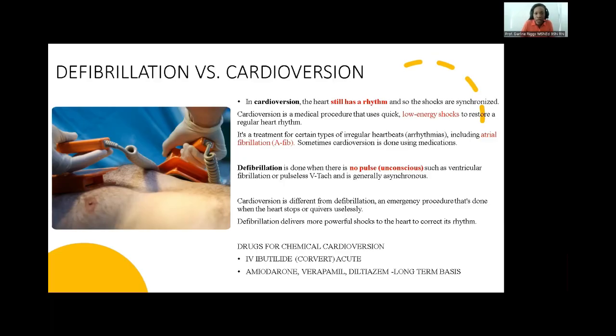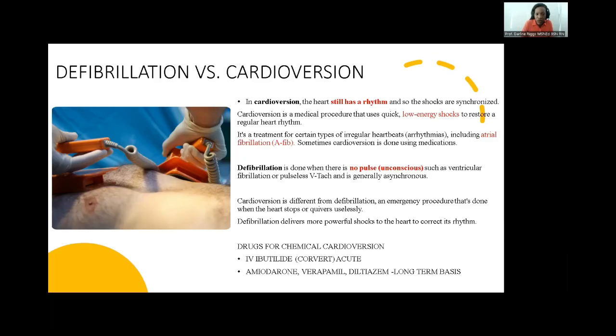The job of shocking that client with a low energy shock is to synchronize it. There's a rhythm, so I'm going to jump-start it so we can get back to normal. It is a medical procedure, a quick low energy shock to restore the rhythm back to normal.